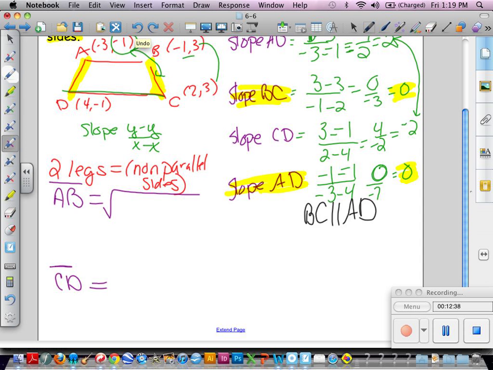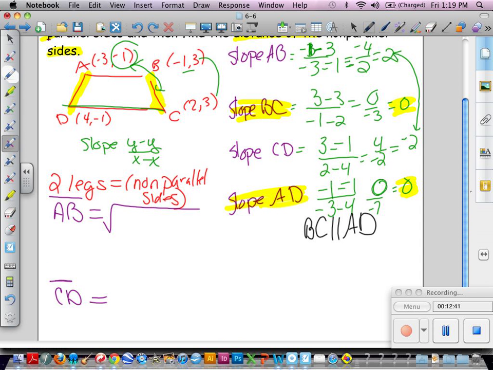This is going to be a little tricky here. I'm going to take my x minus x, and I'm going to square it. So I'm going to take a negative 3 minus negative 1 plus negative 1 minus 3 squared.